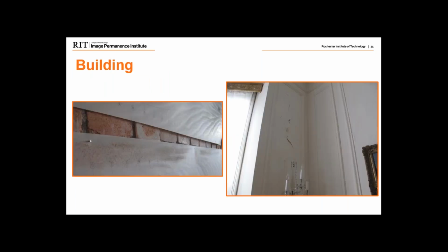So I just wanted to show a few examples of this. These are some historic structures, and because they don't have insulation or vapor barriers within their walls or between them and neighboring structures, the fact that there were different conditions in the structures next to them drove moisture through the walls. And you can see that this is causing damage to the objects as well as the building itself. In the image on the left, you can see that there's some waviness or cockling to the drawings that are hanging on the wall.